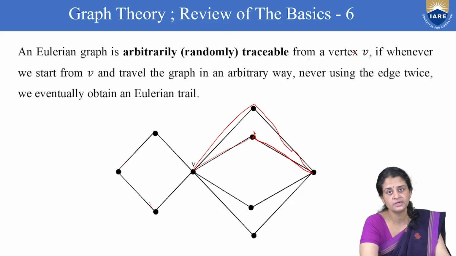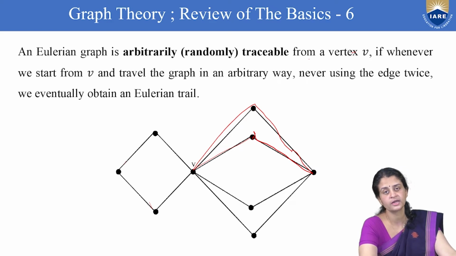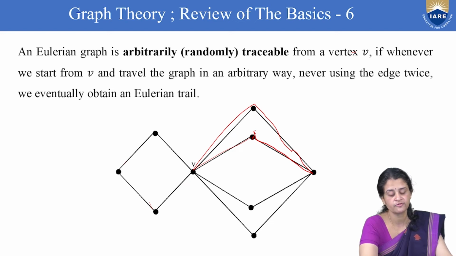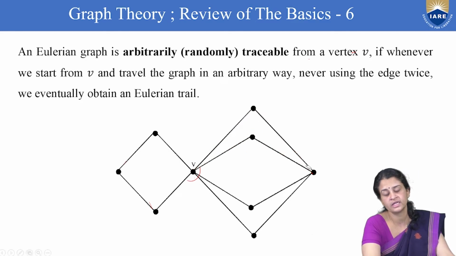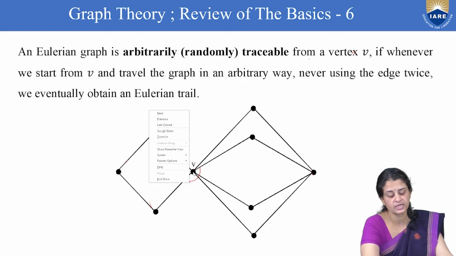For constructing an Eulerian trail, we should travel the edges in such a way that we have not taken them before. It is not possible to complete an Eulerian trail if we start from here. But if I start from here, in whichever way I go, I will get an Eulerian trail from this starting point.